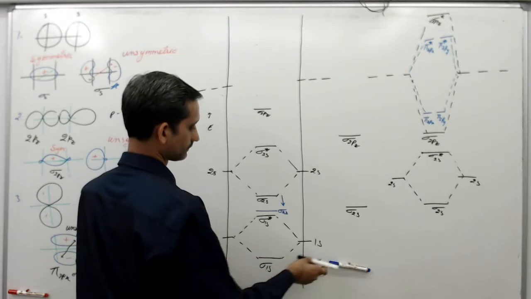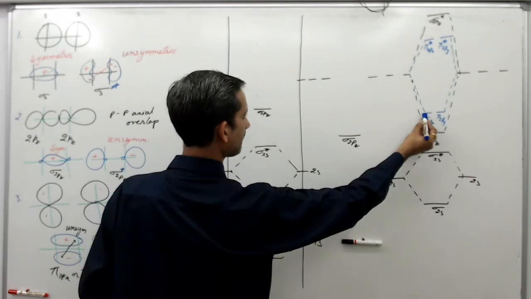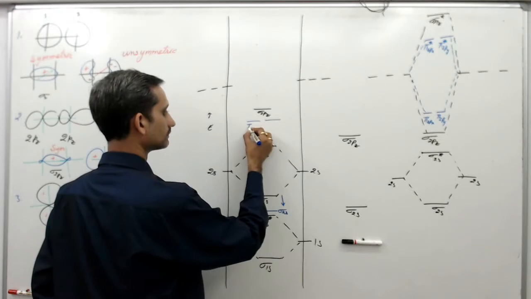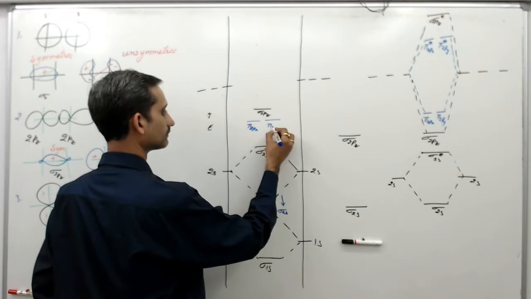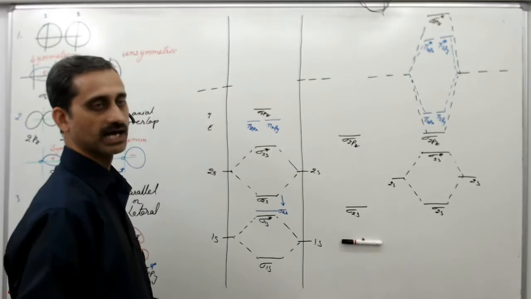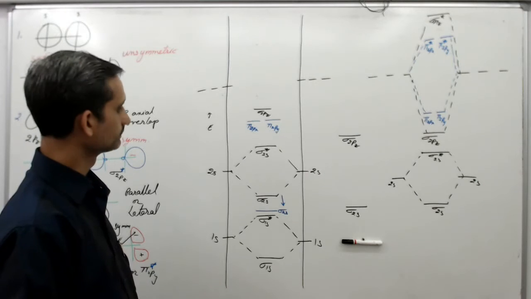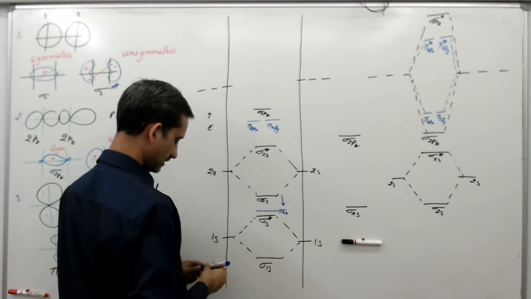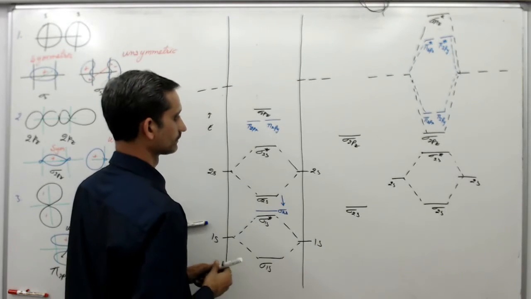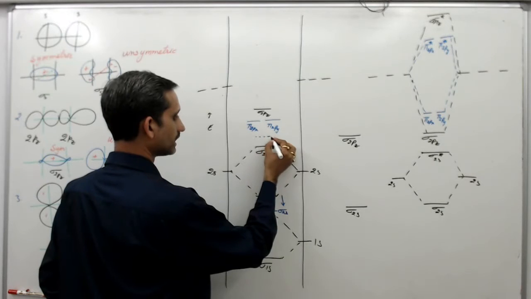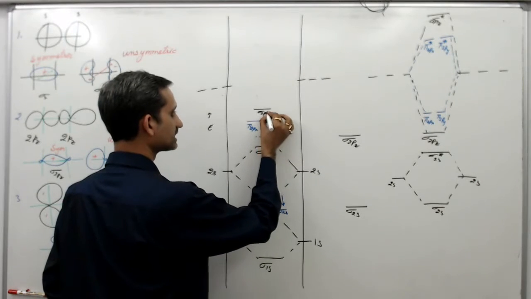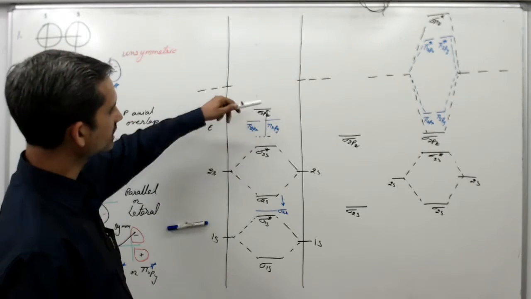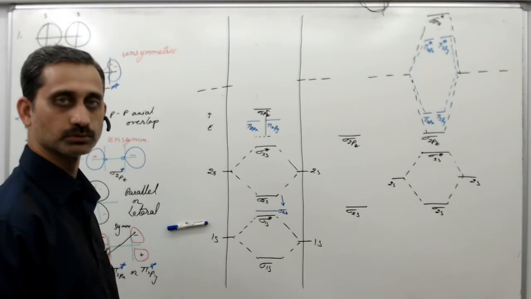Now a peculiar thing happens. The pi orbitals are still at the same position. The sigma orbital, which should have been here, actually rises up so as to become of higher energy than pi 2py or pi 2px.